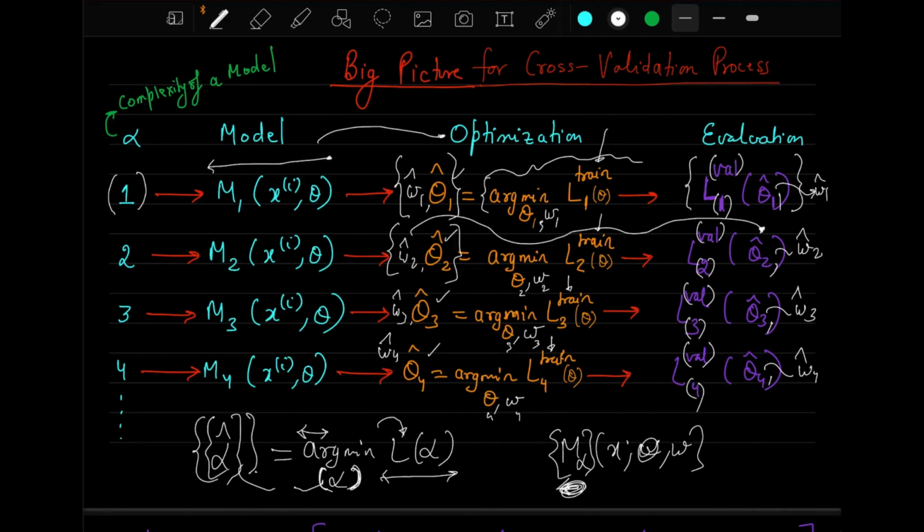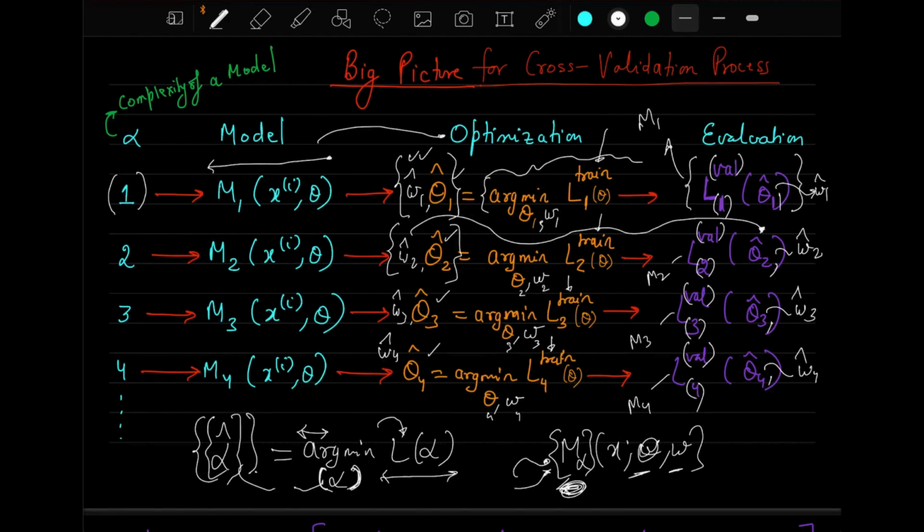Once you have optimized this model based on theta and w, you are calculating the validation loss on these models. This is for M1, M2, M3, M4. So based on alpha equal to 1, 2, 3 and 4, you have 4 different models, and on these models you calculate the validation loss separately.